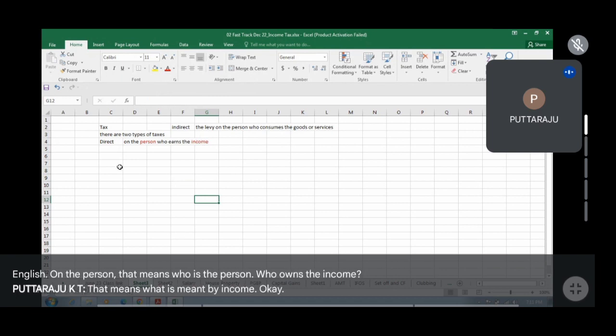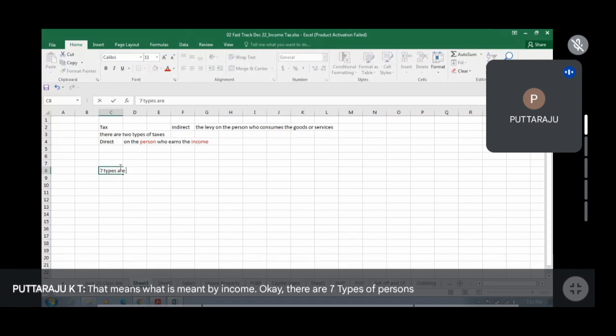Okay, there are 7 types of persons. How many types? 7.